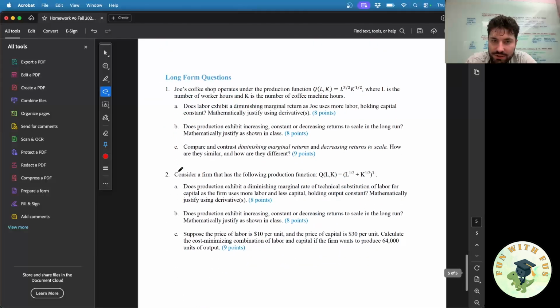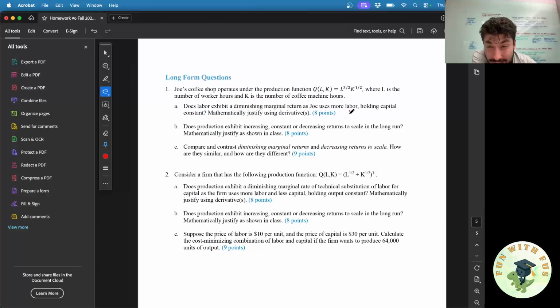And moving on to long forms. I will quickly lay out the steps of what I would note. Long forms are typically vocabulary type questions. We're given a production function: does labor exhibit a diminishing marginal return?